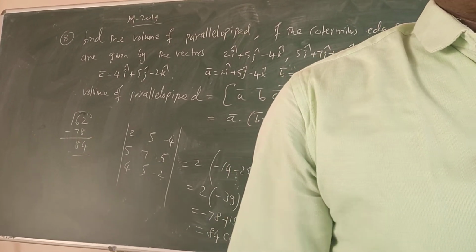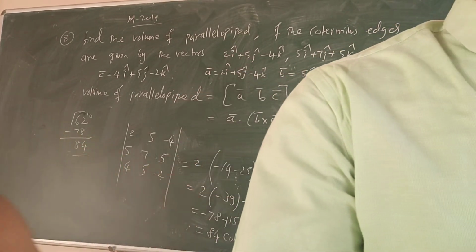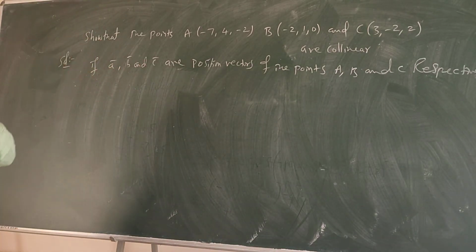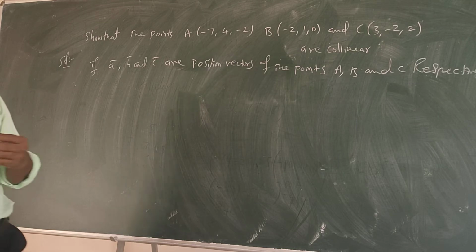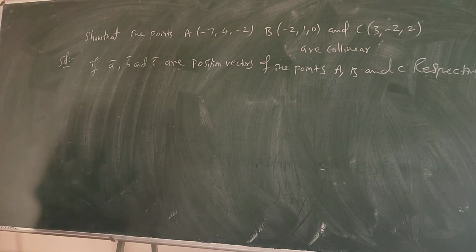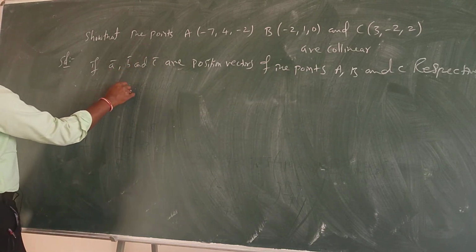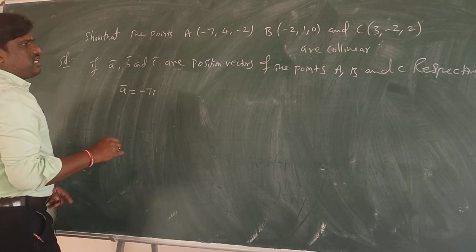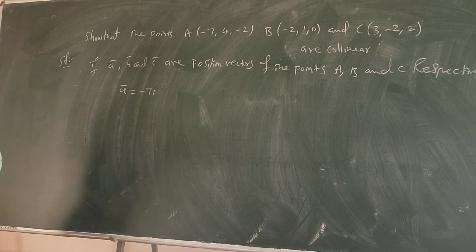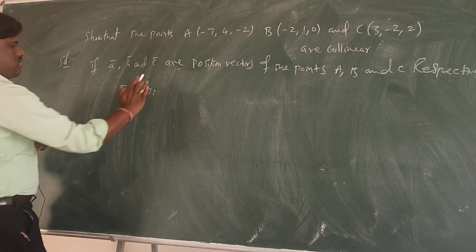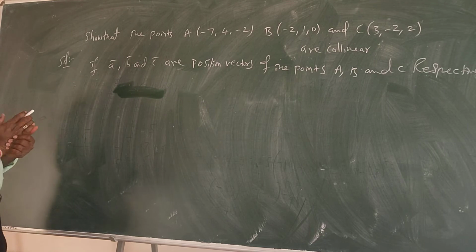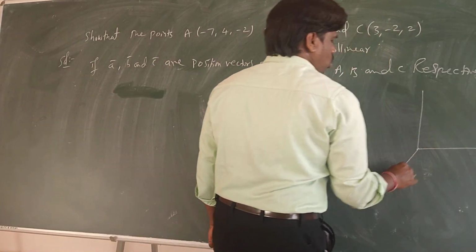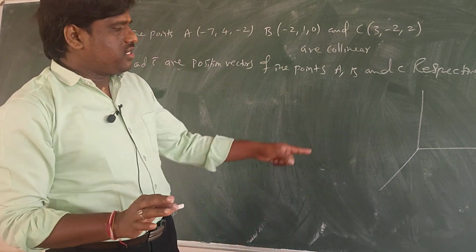Already you know the volume of parallelepiped I explained, no? Take it. See here, A, B, C are the position vectors of the points A, B, C respectively. Then what will A vector be? A vector is equal to minus 7i. I taught this yesterday, how you get a position vector. Let me show once. Listen, how do you get a position vector? Suppose this is the 3 dimension.